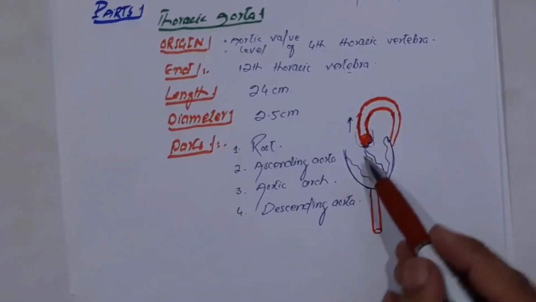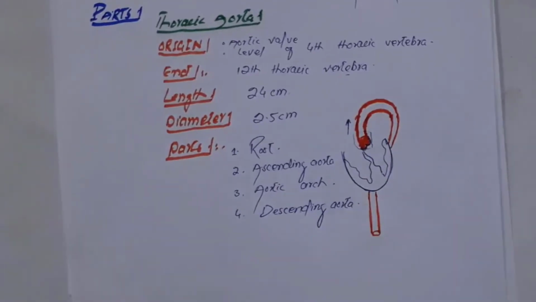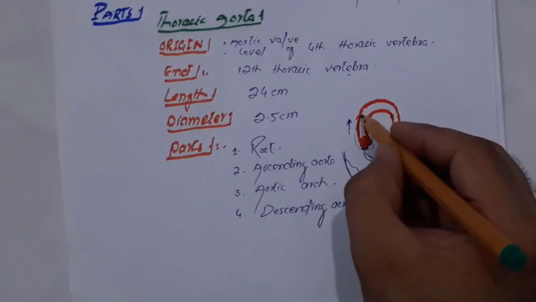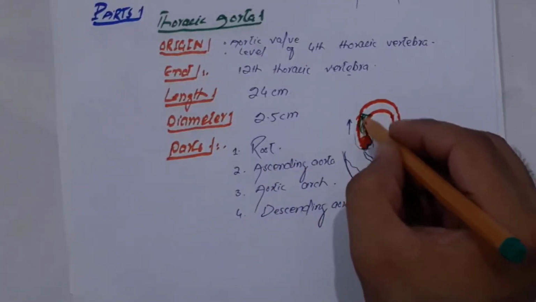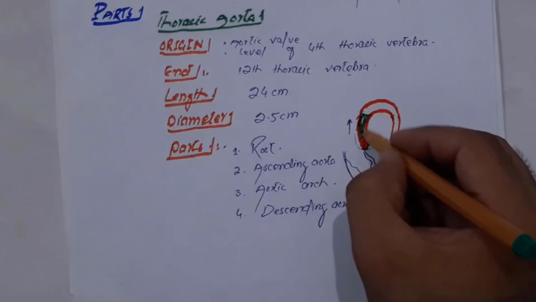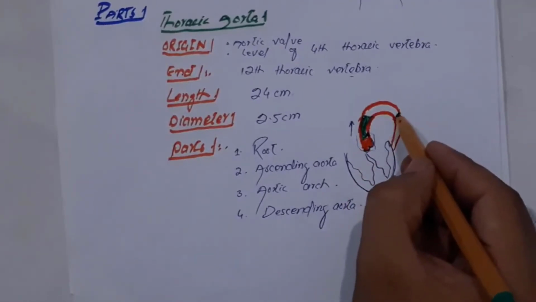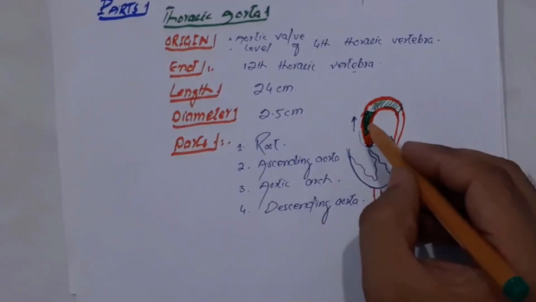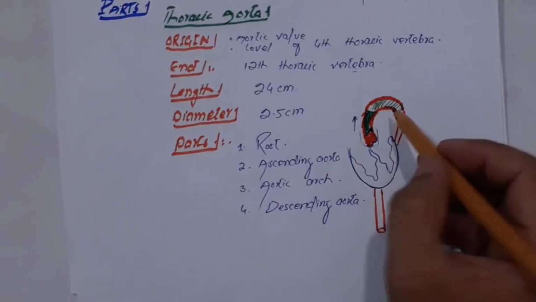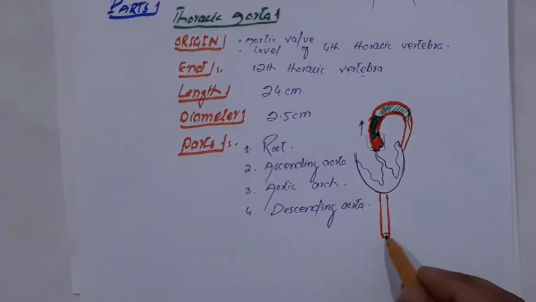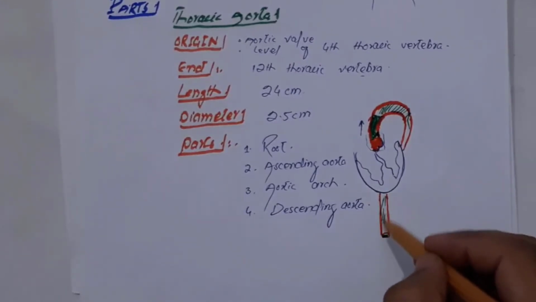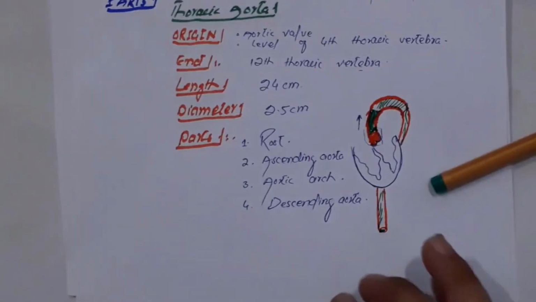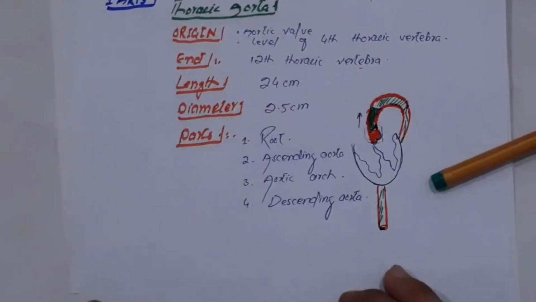Right, these are the 4 main parts of the thoracic aorta. This one, up to here, is the root of the aorta. This one is the ascending aorta. Then from here up to here is the part where the aorta curves, so this is the aortic arch, and from here downward up to here is the descending aorta. These were the 4 main parts of the thoracic aorta.